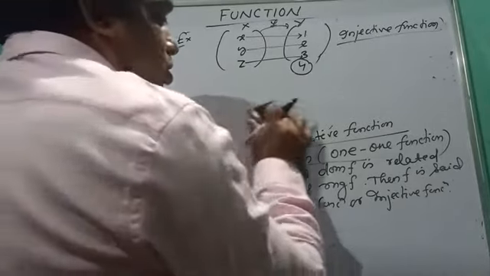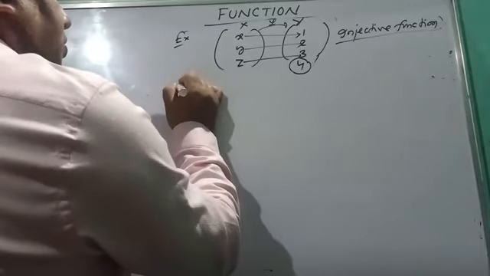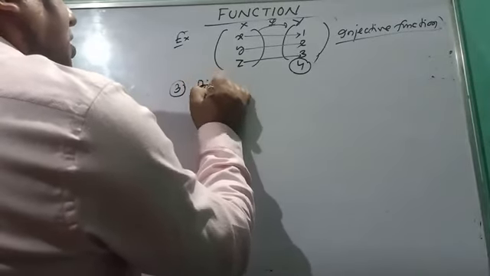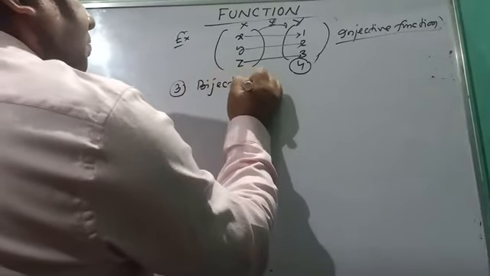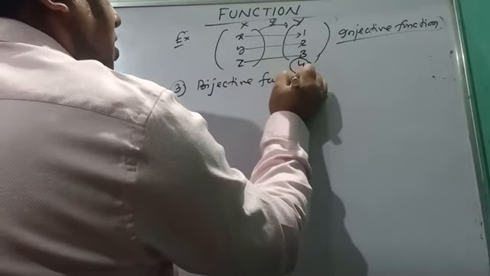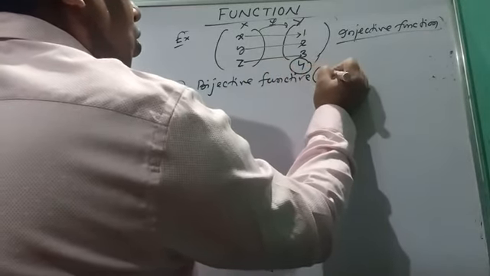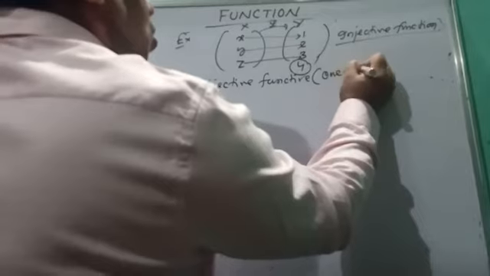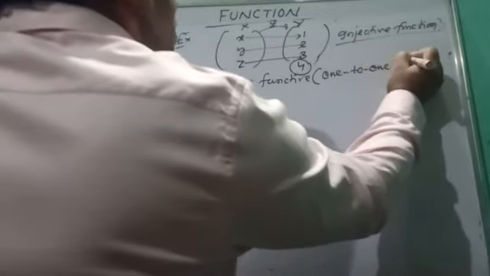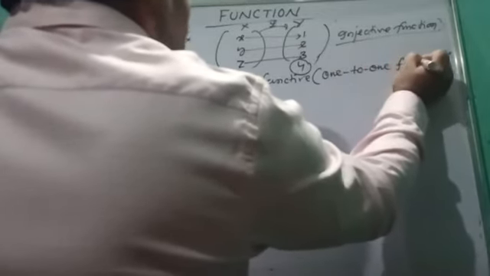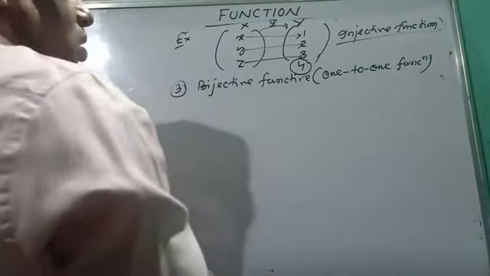Then we go to the bijective function. The third one is the bijective function, or it is known as a one-to-one correspondence.